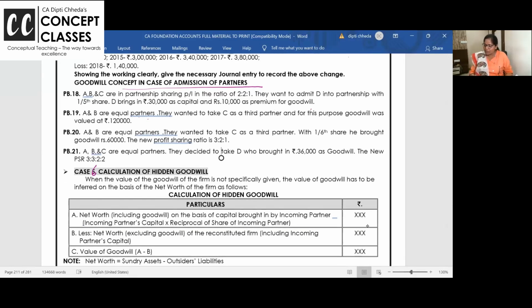A and B are equal partners. They wanted to take C as a third partner, and for this purpose, goodwill was valued at 1,20,000. So what is the ratio of A and B? Equal. C as third partner, और C का शेयर कितना है? नहीं दिया है.